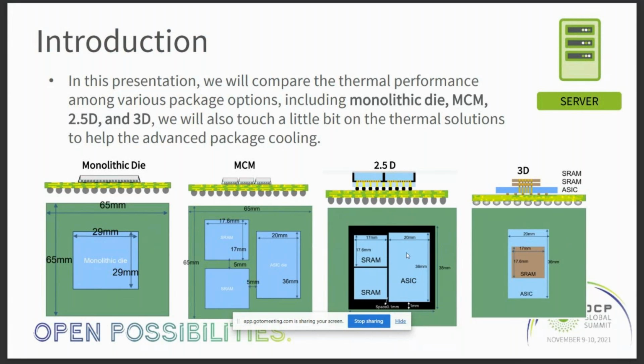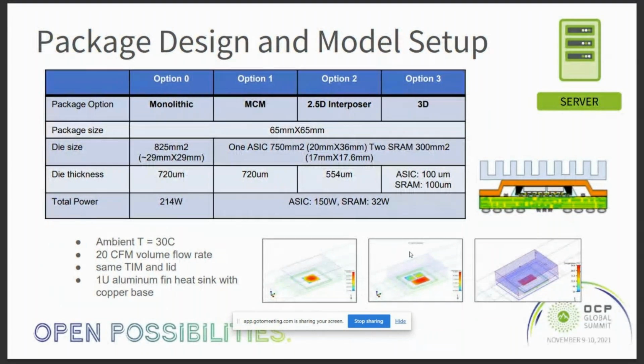All the dimensions are clearly shown on the images. Okay, and on this slide, from the table, you can see the detailed package dimension, die thickness, and also the powers of each module.